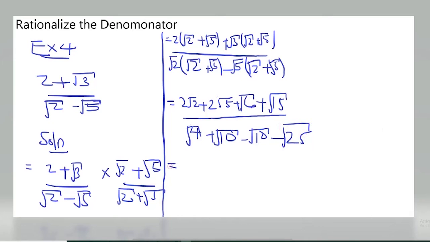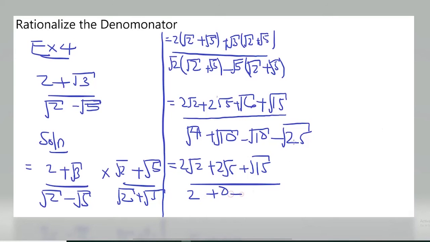Then this one will be equal to 2 root 2, plus 2 root 5 plus root 15 over root of 4 is 2, then plus the root of 10 minus root of 10 we cancel, we're going to have 0, then plus 0 minus root of 25 is 5.